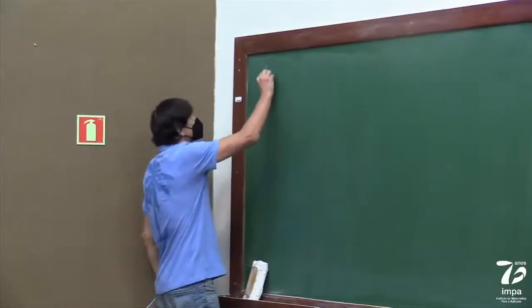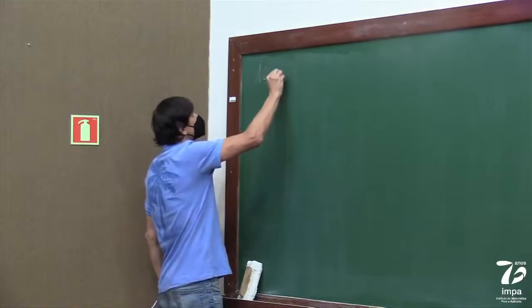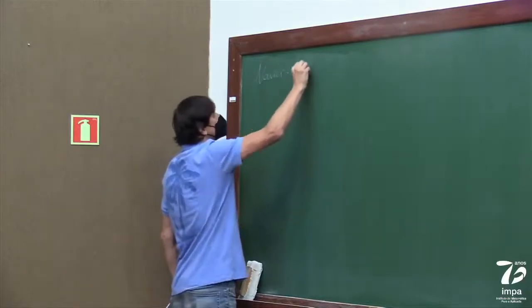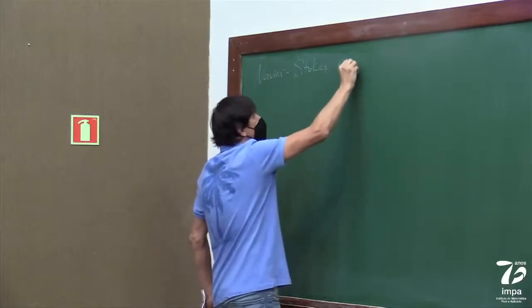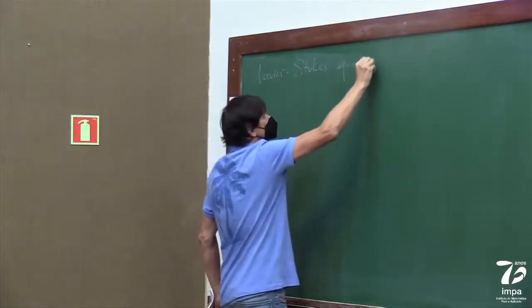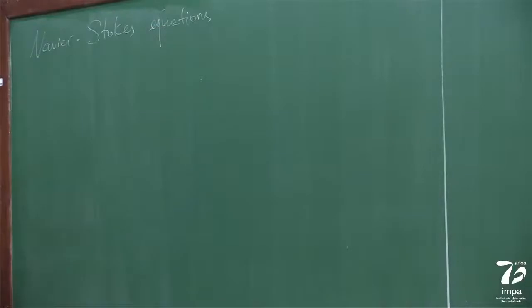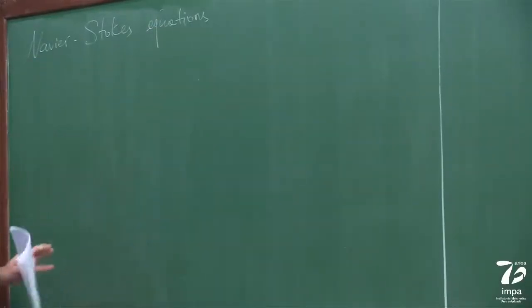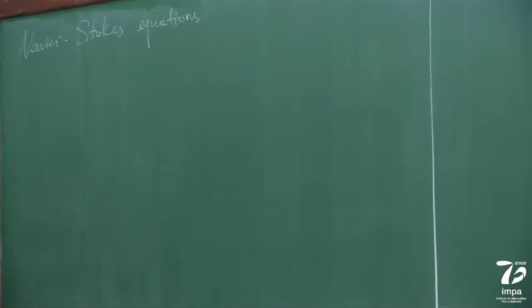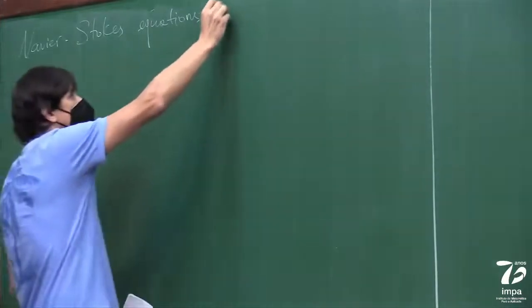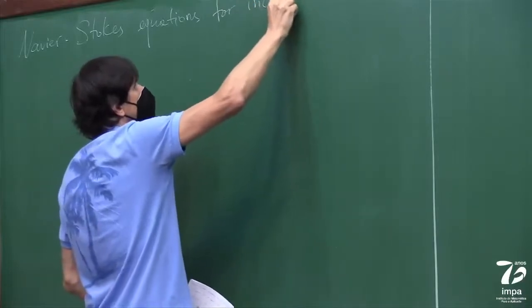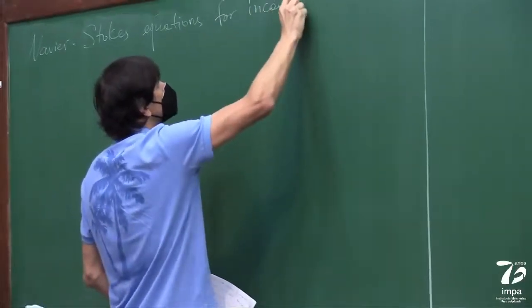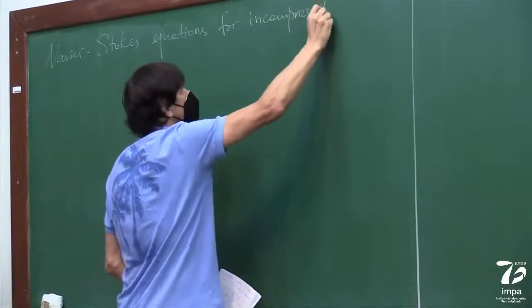So, Navier-Stokes equations. In the most classical body of turbulence, we are talking about incompressible flow, incompressible fluid.